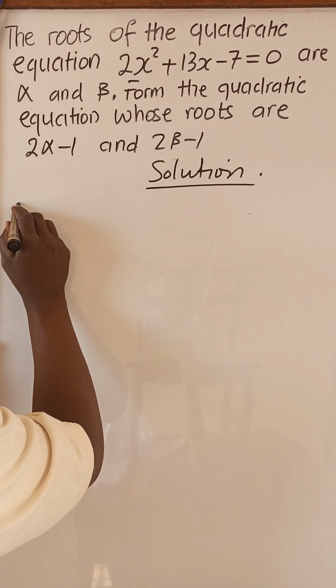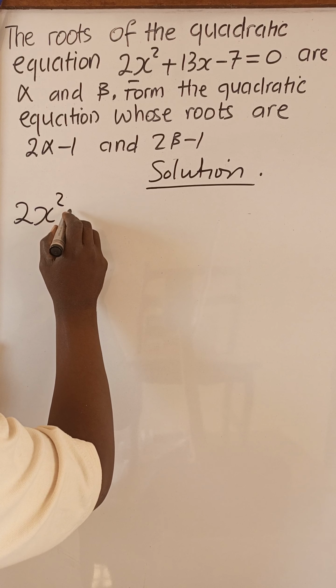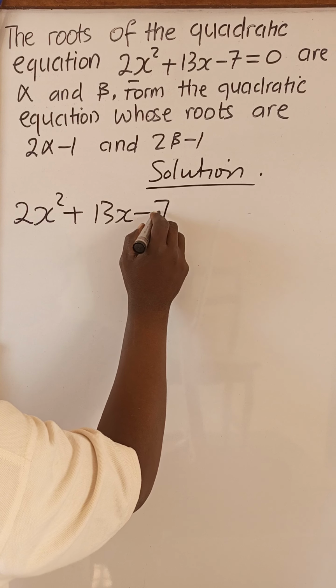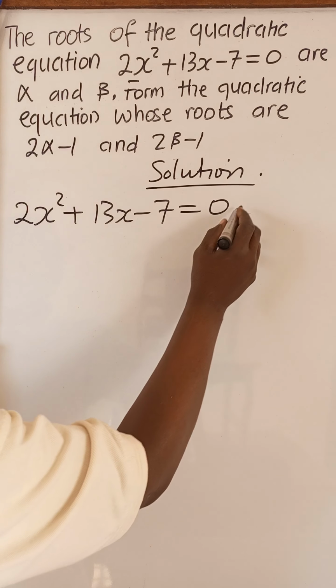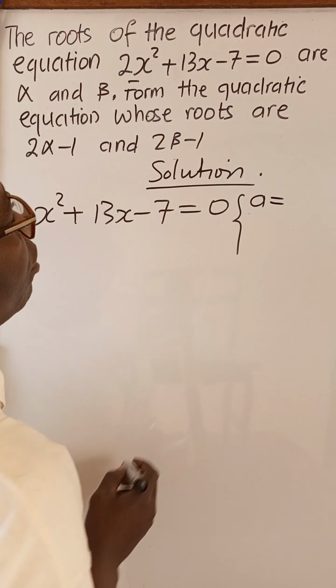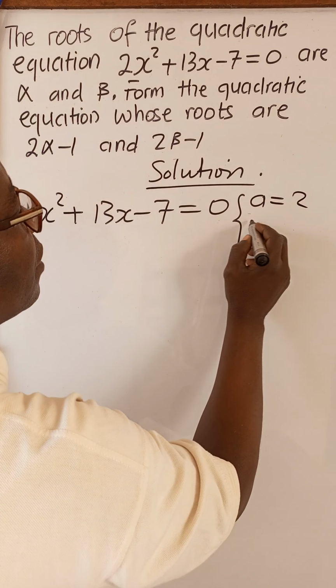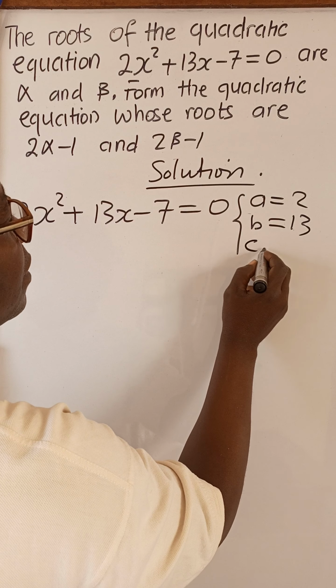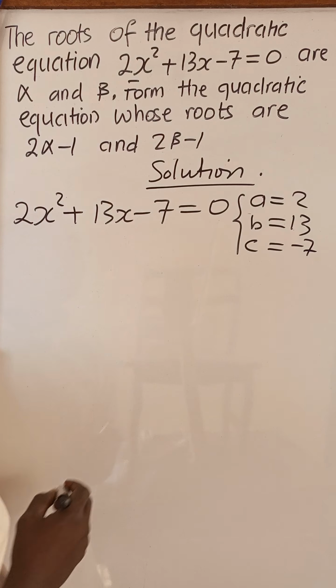We'll start by writing out our equation 2x squared plus 13x minus 7 equals 0. So we collect out our coefficients. A is the coefficient of the x squared term, B is the coefficient of the x term, C is the constant term.